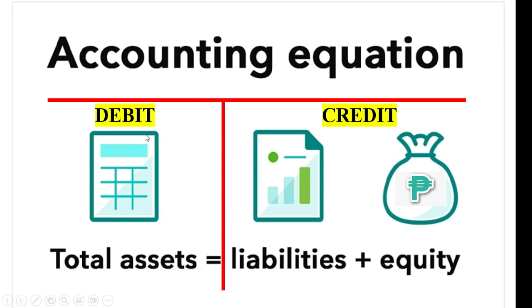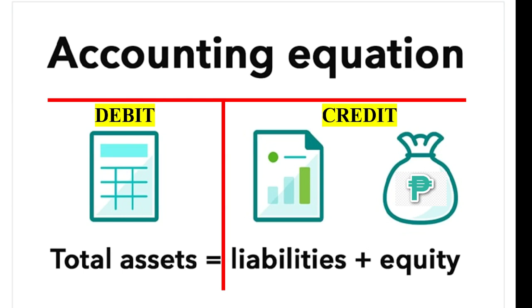The opposite is true: if you want to decrease assets, that requires a credit. The same goes for liabilities and equity. Since liabilities and equity are under the credit side of the T account, if you want to increase either liabilities or equity, you should credit it.